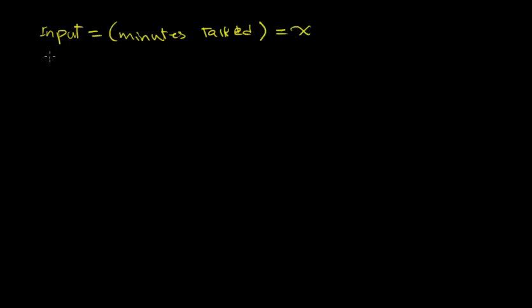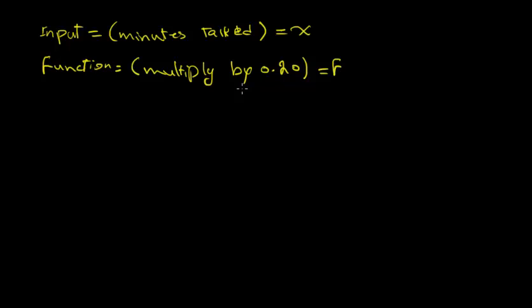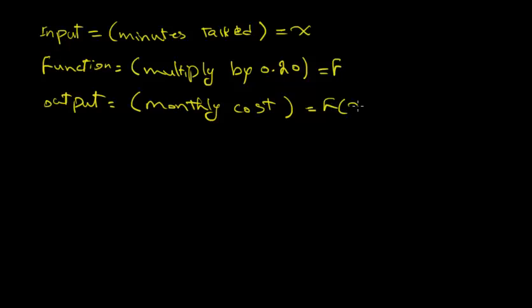Then we have the function, multiply by 0.20. This is our f. And then we have output, which equals the monthly cost of the phone, f of x.